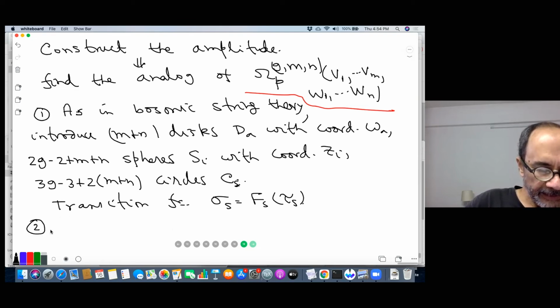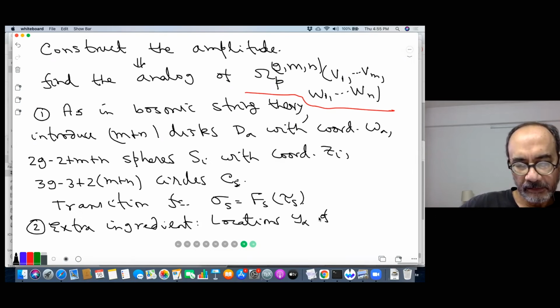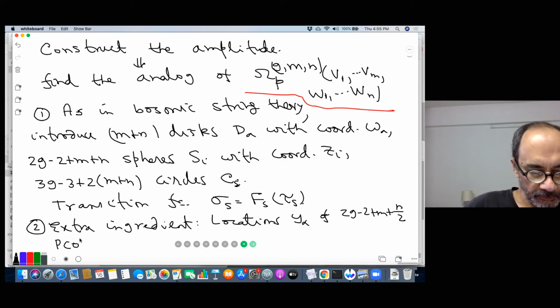The extra ingredient is that we have to specify locations y alpha of (2g minus 2 plus m plus n) by 2 PCOs. These could be either on the disks or on the spheres.